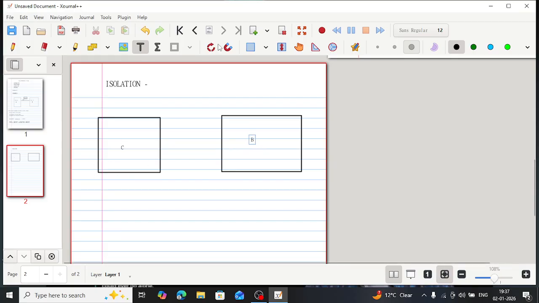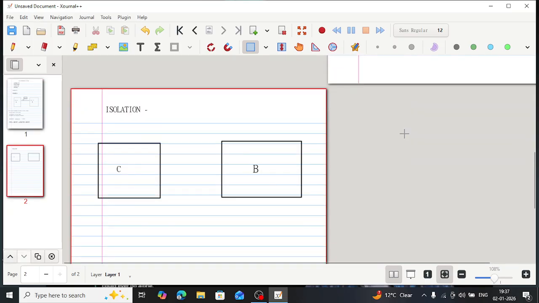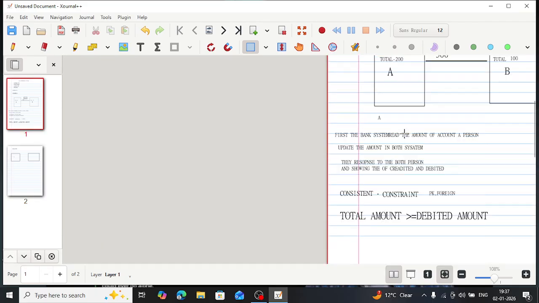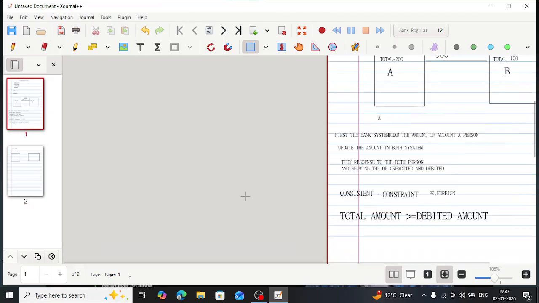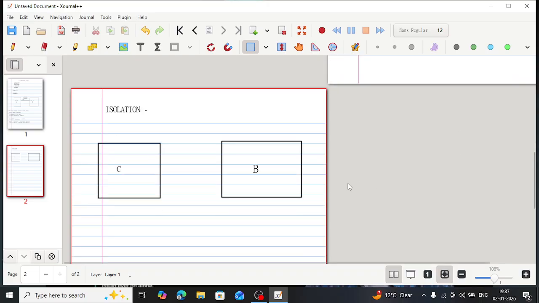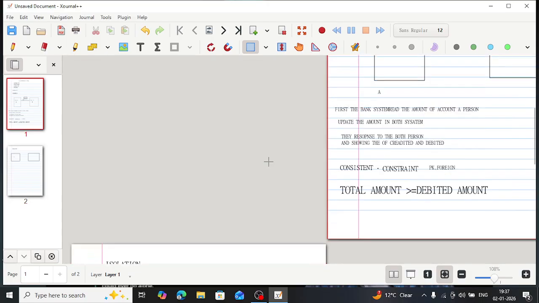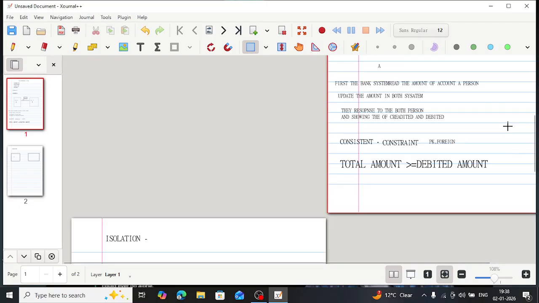What happens when person C sends money to B and person A also sends money to B at the same time, with both operations happening together?